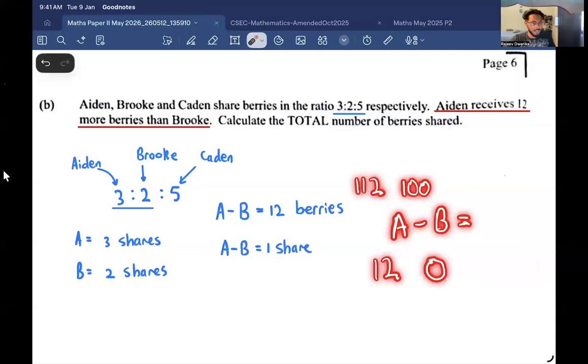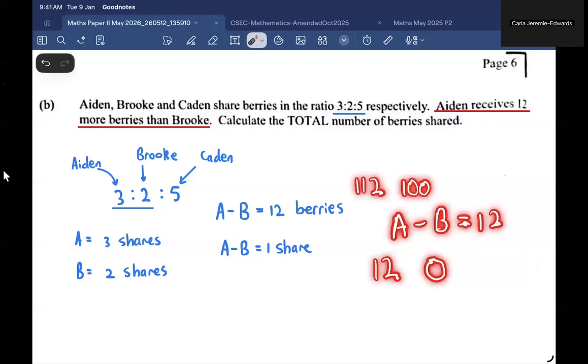Correct. So Eden minus Brooke would always be equal to 12.